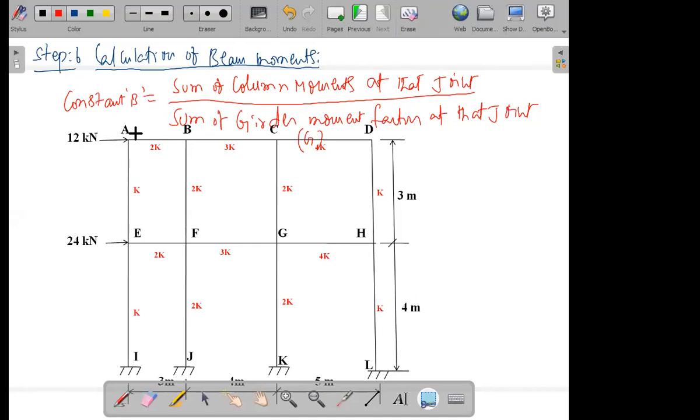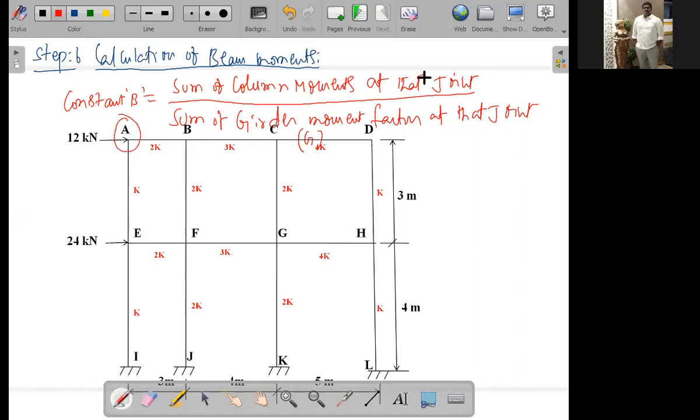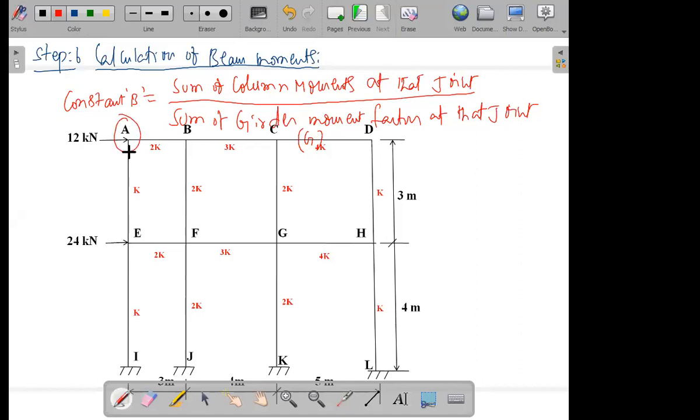If you consider this joint A, what are the columns there? The AE column is there.